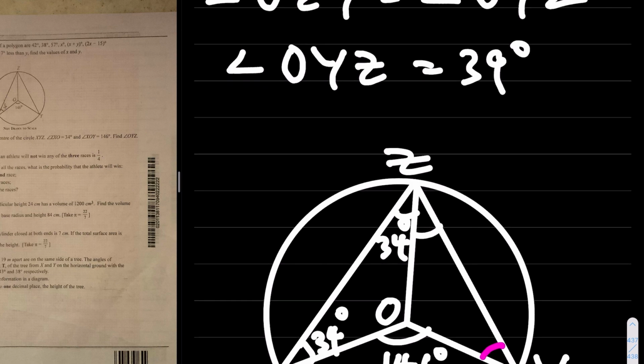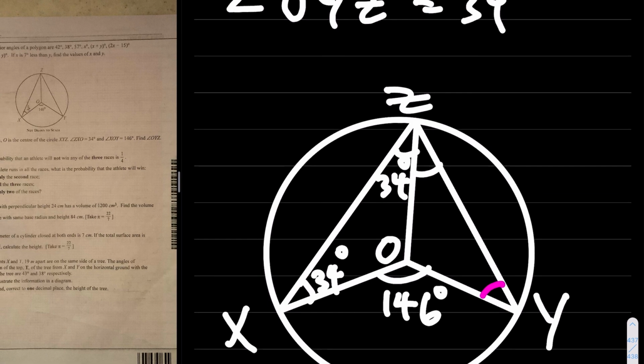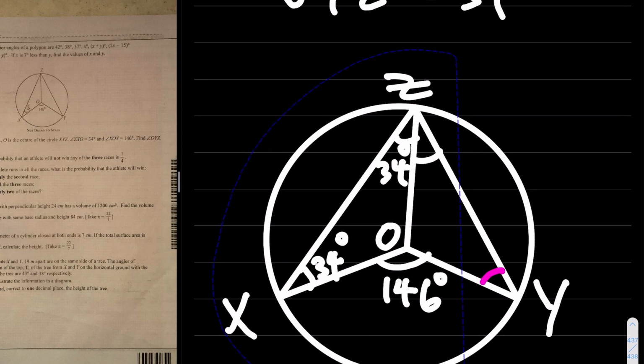And that's it, very simply: OYZ equals 39 degrees. I think I should check that here. This angle and this angle are the same, so if this is 39, this is also 39 degrees. And that's it.